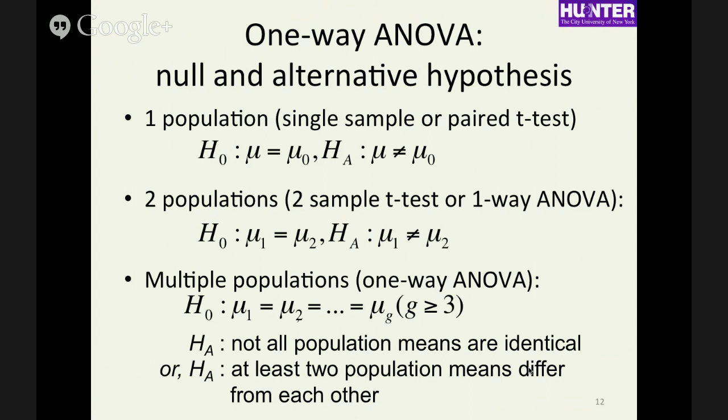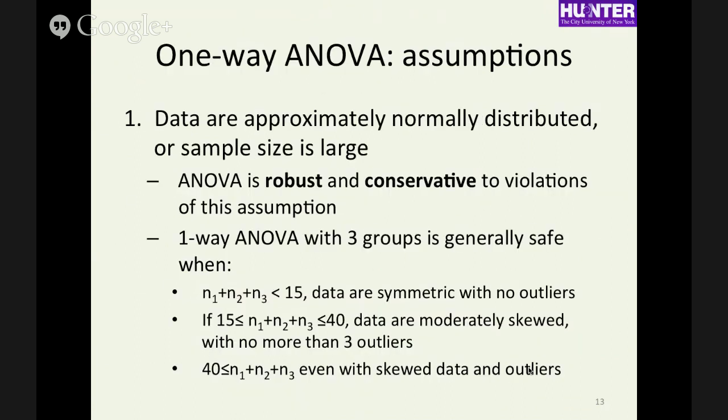So if we reject the null, it's not going to tell us where the difference lies. It'll just mean that there's evidence that these means are not identical. And so we have some assumptions about this.